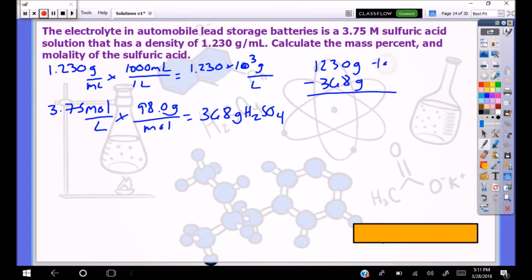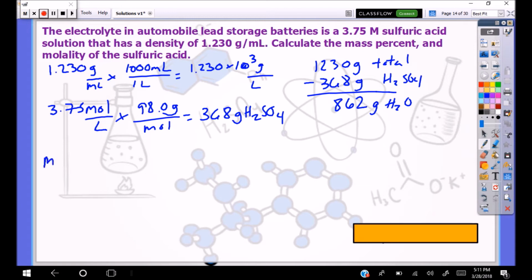This is again the total mass minus sulfuric, and we'll know the water, which is 862 grams. Yes, 862 grams of water. All right, so now we can do what we need.